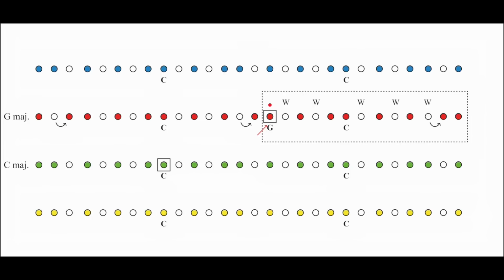So G, A, B, C, D, E, F sharp, G: whole, whole, half, whole, whole, whole, half. Okay? And again, all I did was I took these notes, which were Fs, and I turned them into F sharps, and I've just shifted the pattern. It's the same pattern, it's just got a shifted starting point.